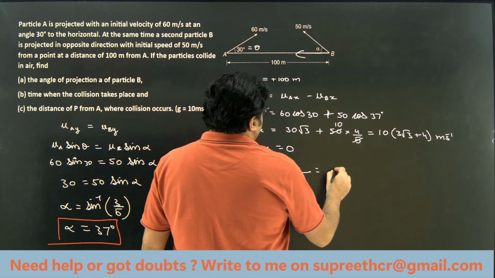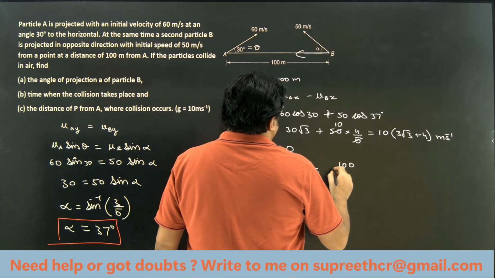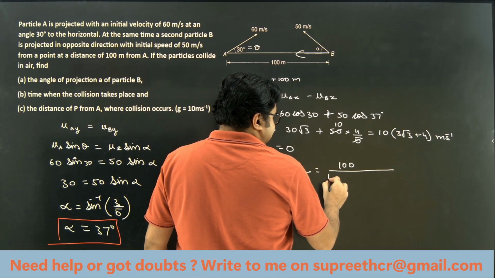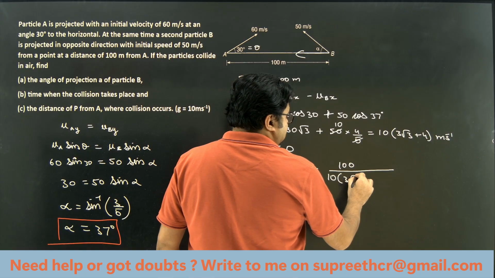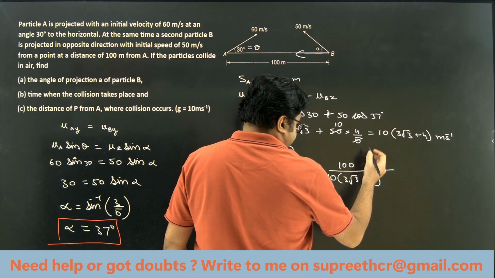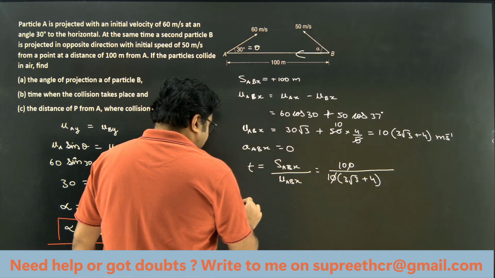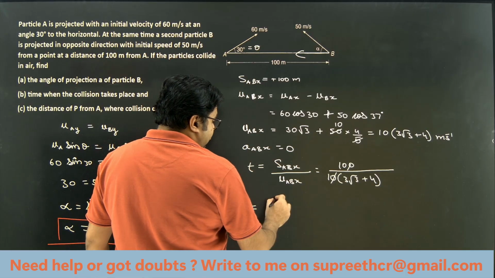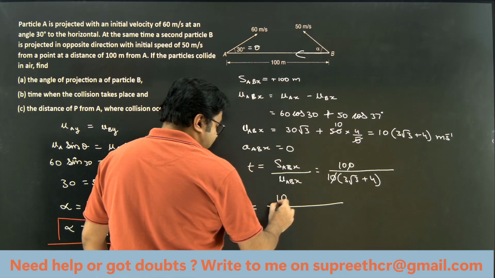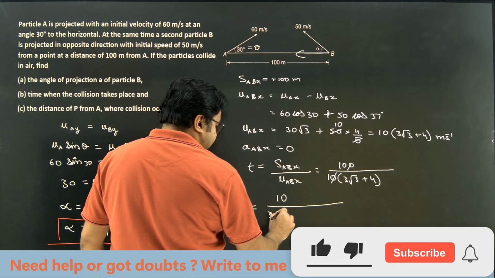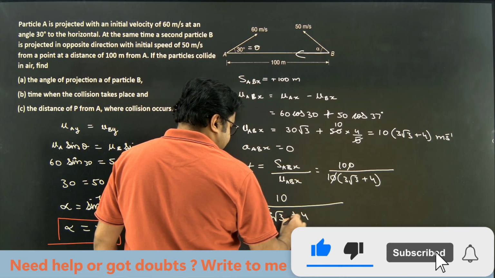So what do we have? We have 100 divided by 10 into 3 root 3 plus 4. We have zeros getting cancelled. So the time it takes for them to catch up in air would be 10 divided by 3 root 3 plus 4 seconds.